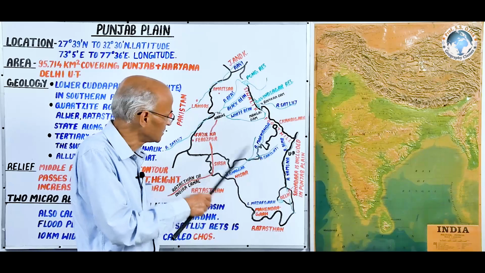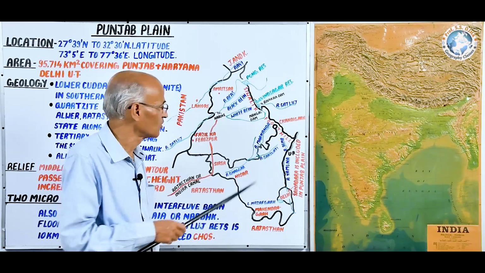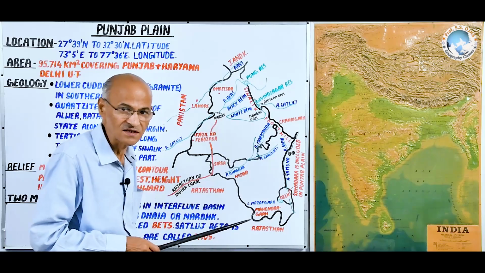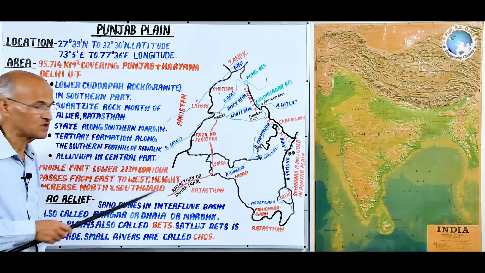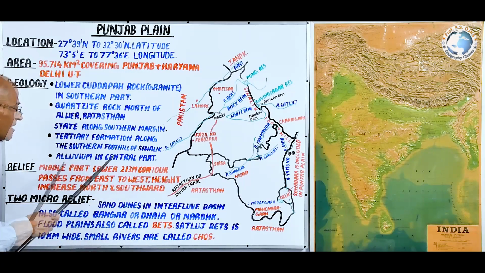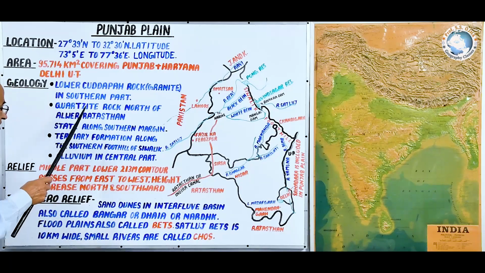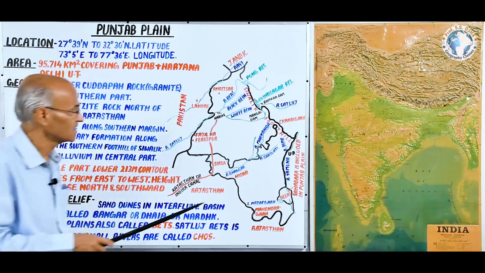That's why this field supplies moisture to the upgoing air, which causes rainfall in the saucer shaped Punjab or Satluj plain.